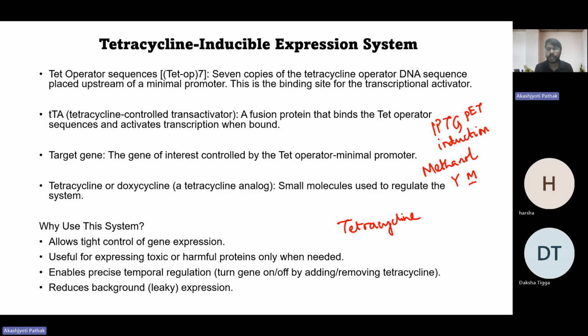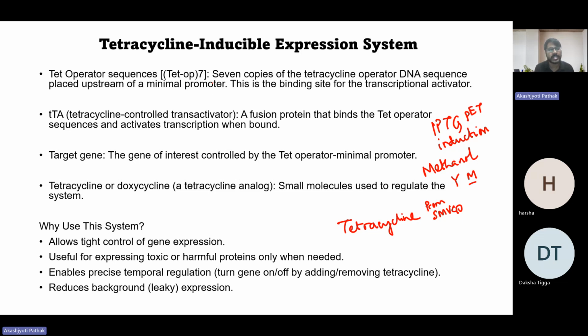Then for a mammalian host cell, you have different types of promoters and different types of vectors. It can have the SV40, simian virus 40 promoter. Different vectors will have different genes and operator genes so that you can control the expression of the particular protein.